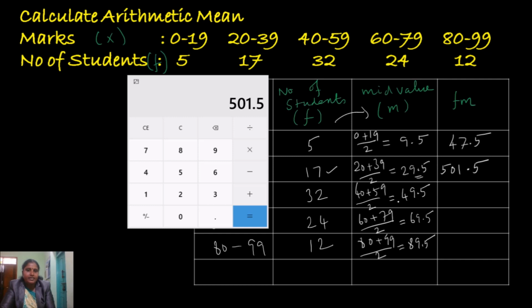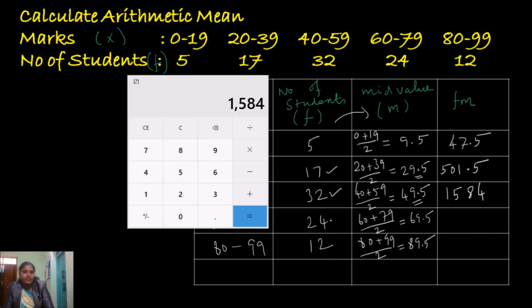When we multiply 32 with 49.5, we have 1584.